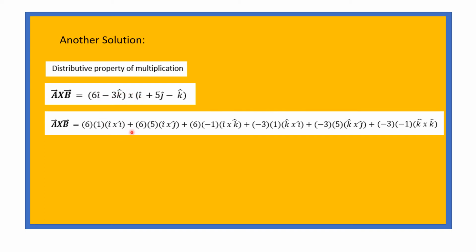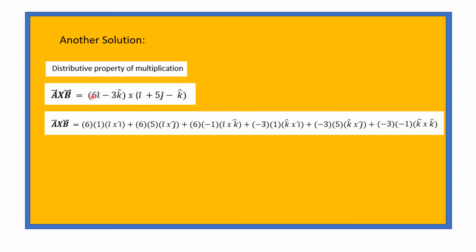Then plus we have 6 times 5, then we have i hat cross j hat. Now you cannot interchange i and j. It is always i cross j, because i cross j and j cross i are not equal. Then we are done with 6 and 5.